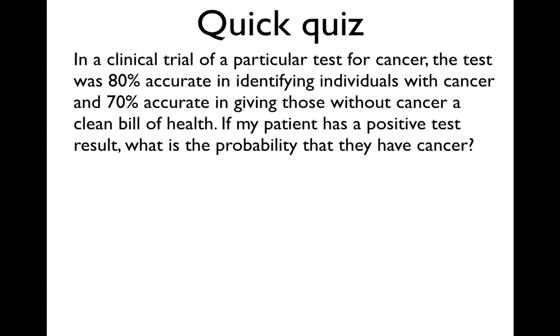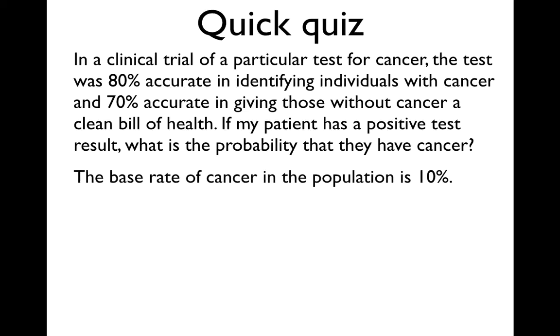So now, given this information, who thinks that the combination of these numbers would provide a prediction? You know that the base rate of cancer in the population is 10% for that particular type of cancer, and you have these other two numbers.